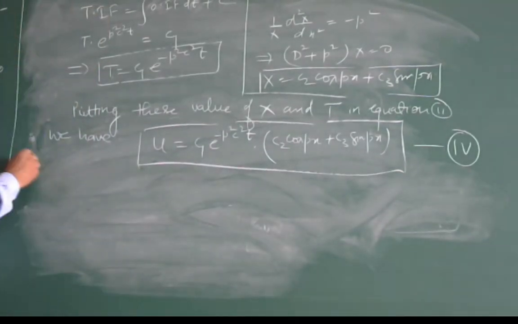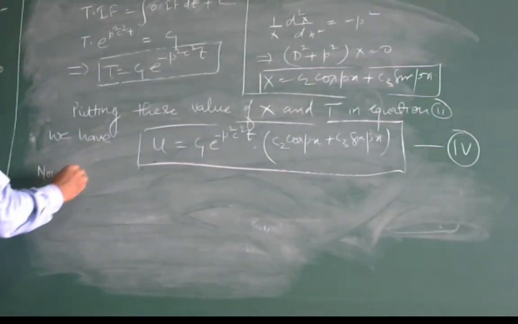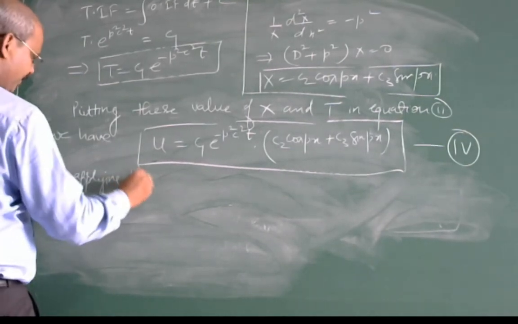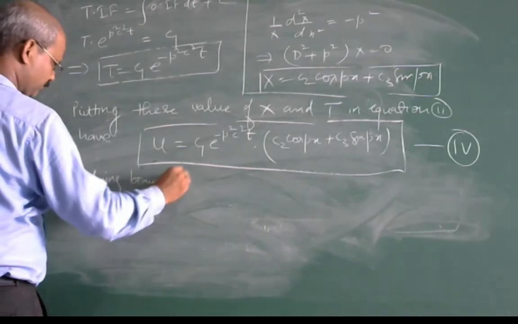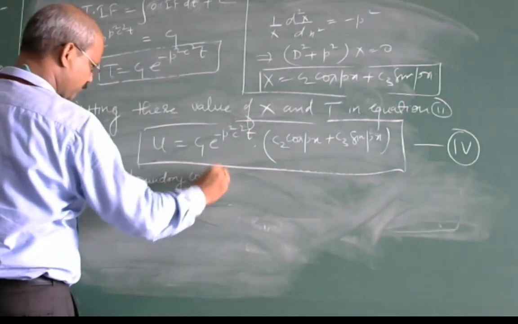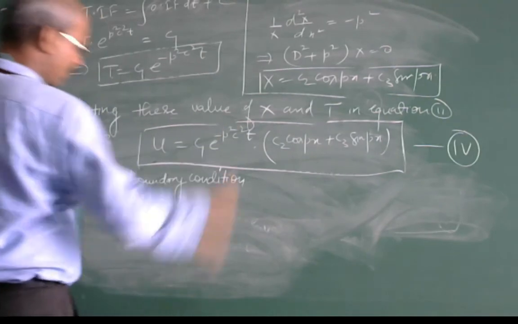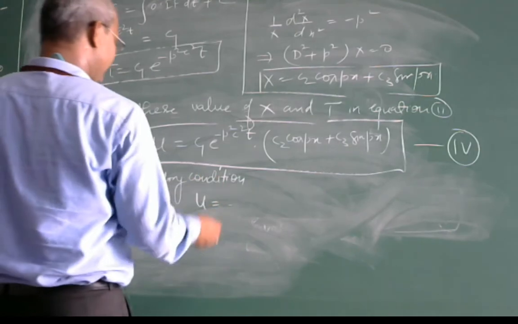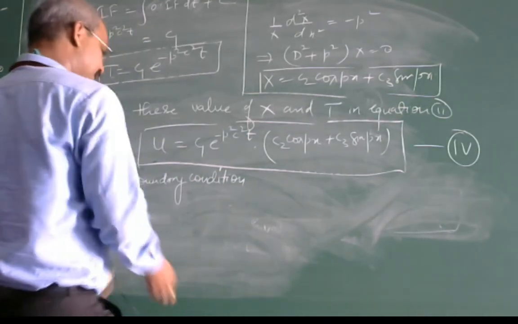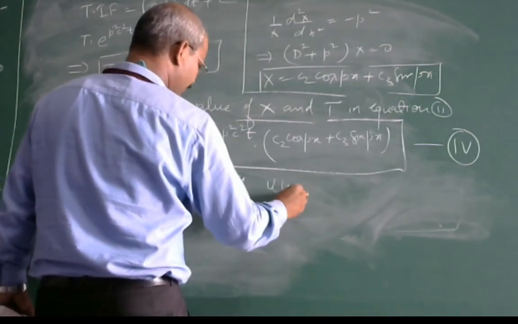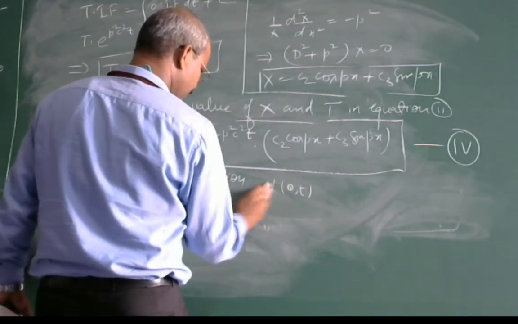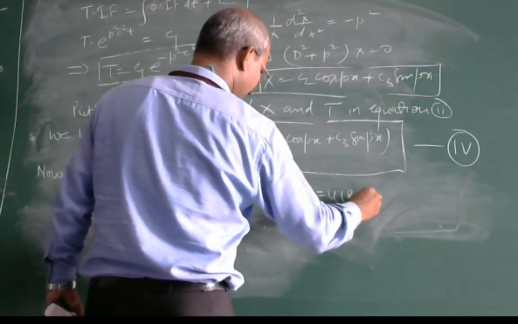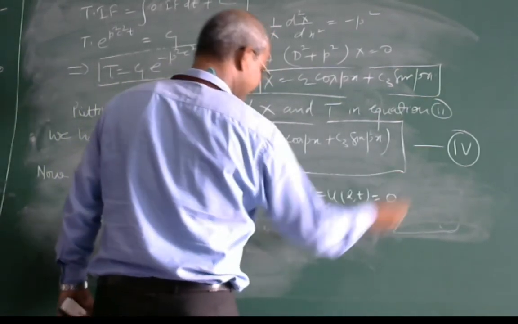So now applying the boundary condition, given here, u(0,t) equal to u(l,t) equal to 0.